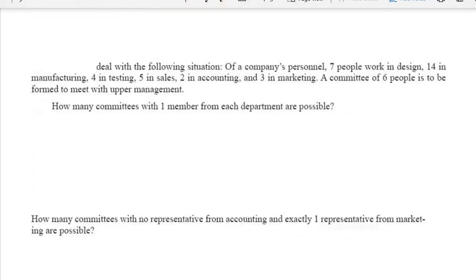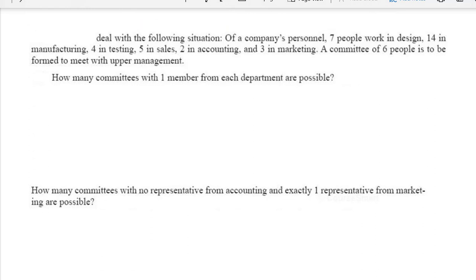Let's see this example here. We are dealing with the following situation. A company has personnel: 7 work in design, 14 in manufacturing, 7 in testing, 5 in sales, 2 in accounting, 3 in marketing. A committee of 6 people is to be formed to meet with upper management.